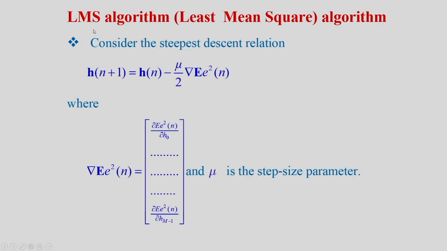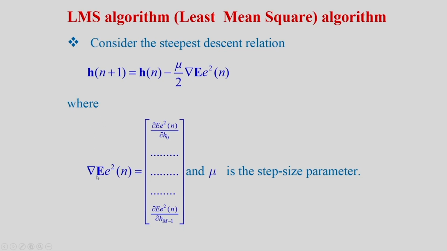We will discuss the LMS algorithm. Consider the steepest descent iteration, that is h(n+1) = h(n) minus mu by 2 into the gradient of e²(n). Here this 2 is used because we will get 2 terms because of this gradient, and both of them will cancel.